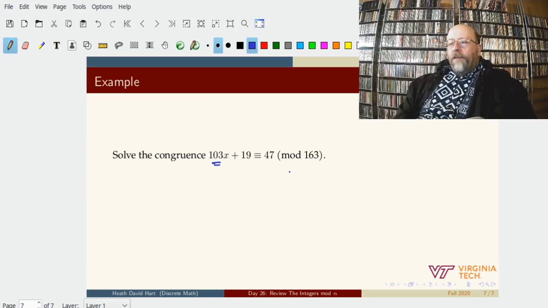I'm going to use these two numbers, 103 and 163, to start out.